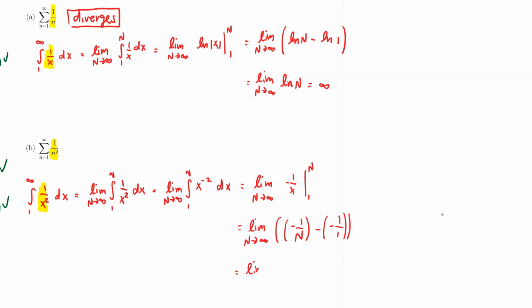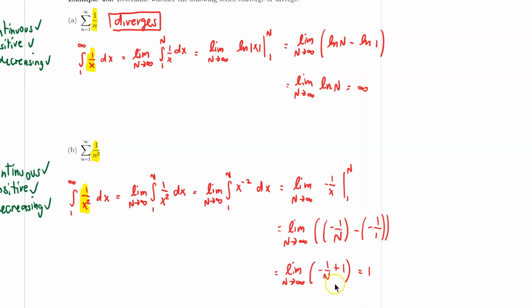This is going to equal the limit when n goes to infinity of negative 1 over n plus 1. When n gets really large, negative 1 over n is just going to be 0. So I'm going to be left with only 1. So this is just equal to 1. That means this improper integral converges, it equals just a number.